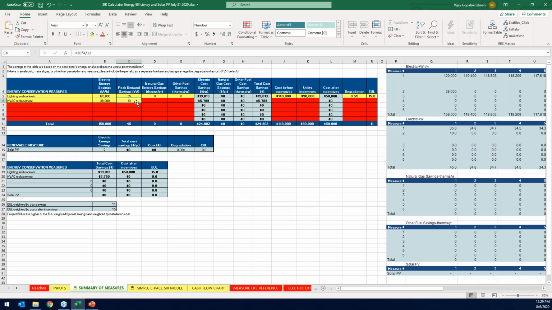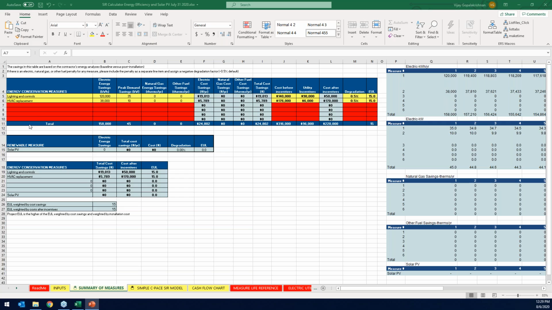So it's 10 kW average over the 12 months, but it's actually 30 kW for 4 months. There are no natural gas savings for this measure and no other fuel savings. The cost before incentives was $176,000 with a $6,000 incentive. The degradation again was 0.5% with a 15-year EUL.